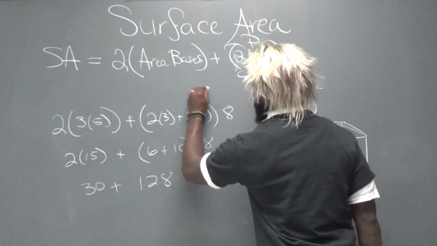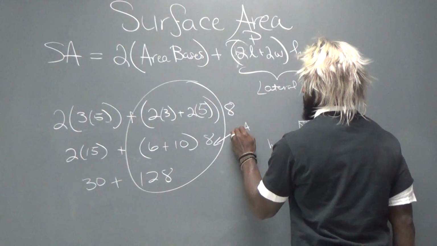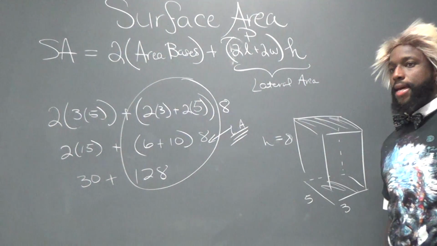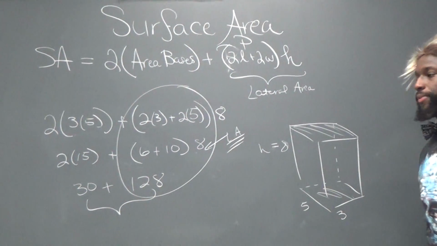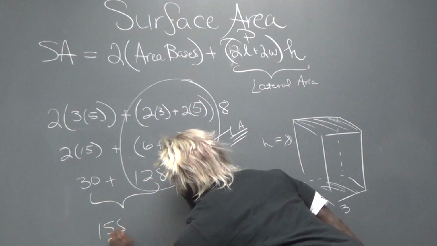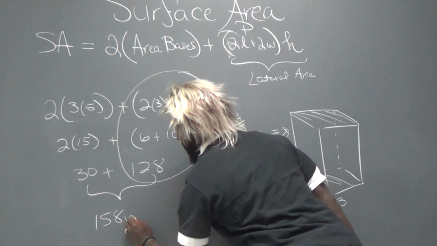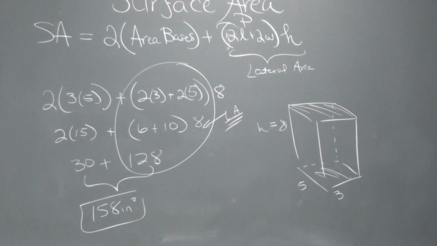So this right here is your lateral area, 128. This right here is your surface area. 30 plus 128 is 158. Did anybody have that before me? I did. Good job, sir. 158 inches squared.